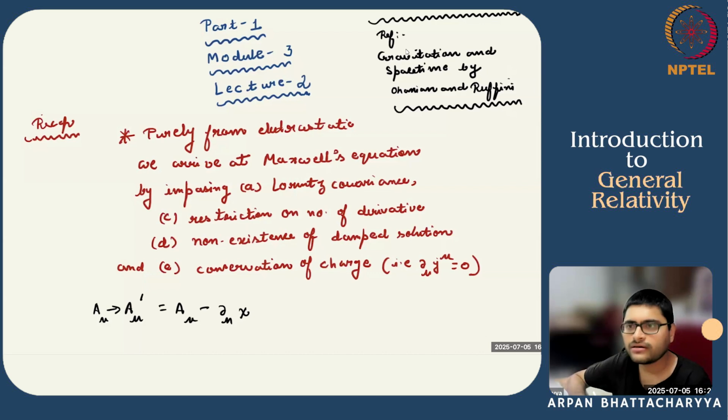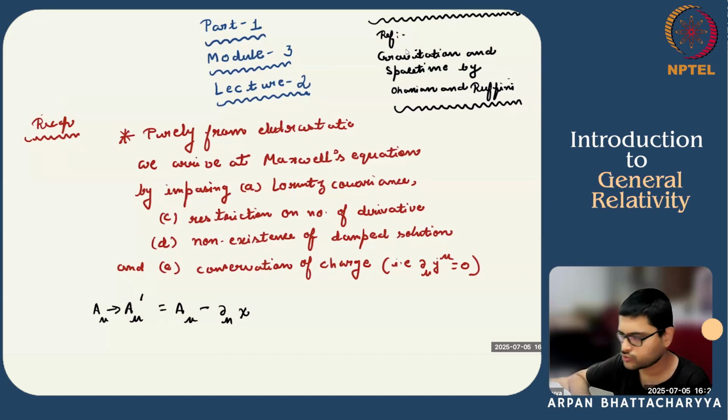And we demand that this is a fundamental symmetry of this theory, and all the interaction between the electromagnetic field and any other matter should respect this gauge symmetry, and we will see the consequence of it in this lecture.